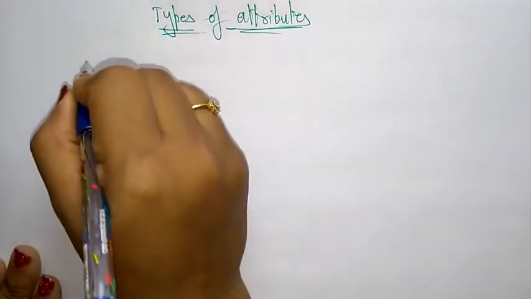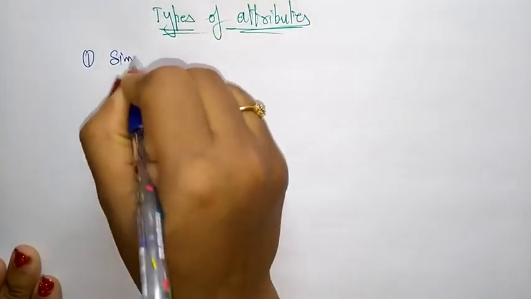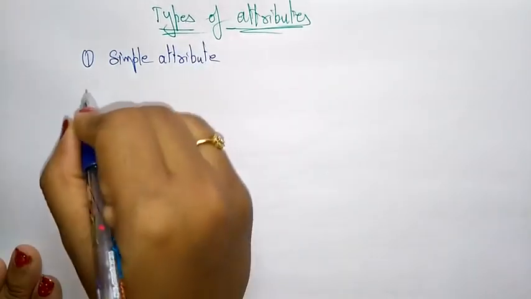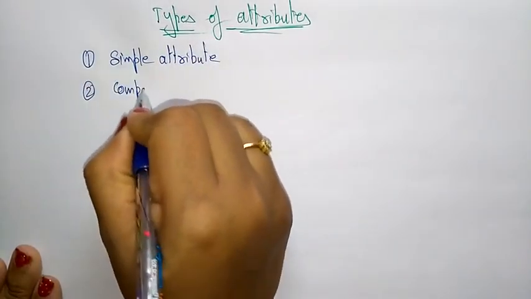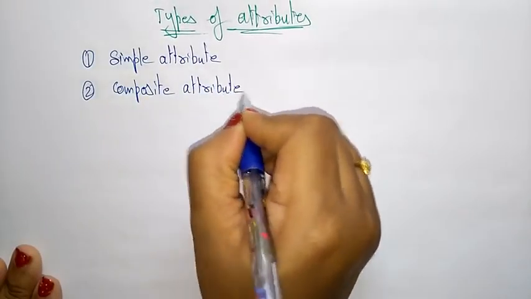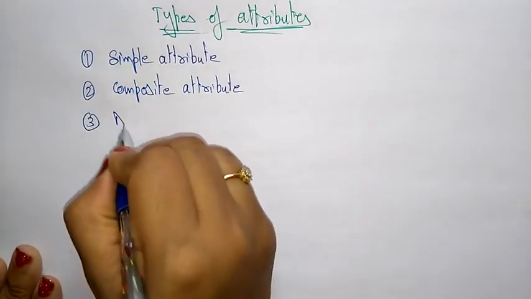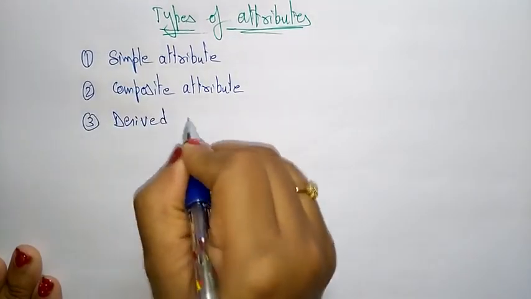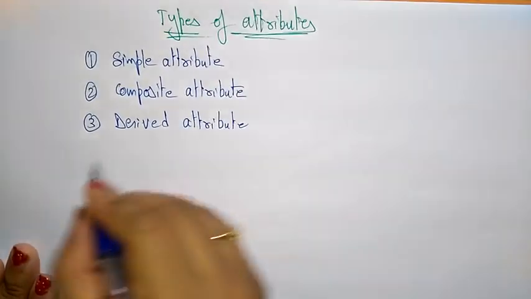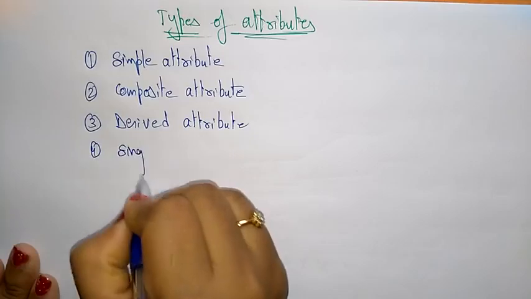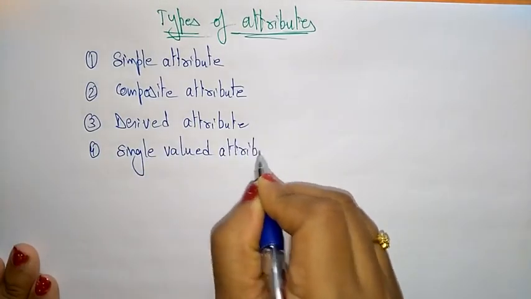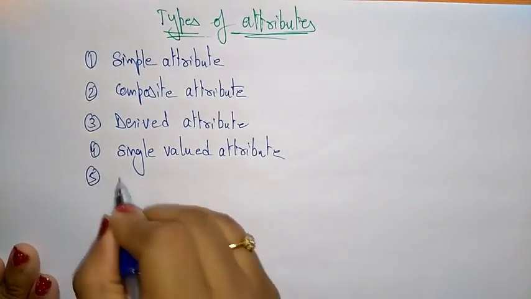So the different types of attributes are simple attribute, next composite attribute, derived attribute, next single valued attribute, and multi-valued attribute.